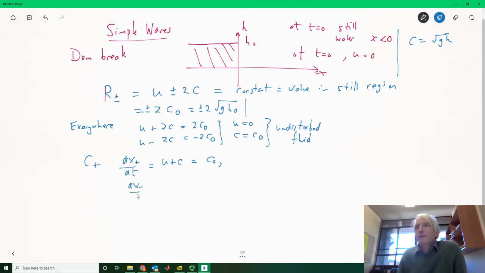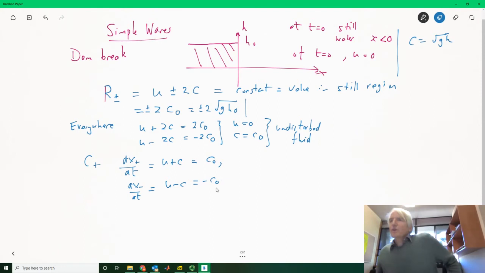And dx over dt is equal to u minus c, which is minus c0. This is a bit contradictory because it looks almost like we're saying the solution is always going to be equal to 0 and constant, but I'm just going to draw you a picture of this so we can understand it.